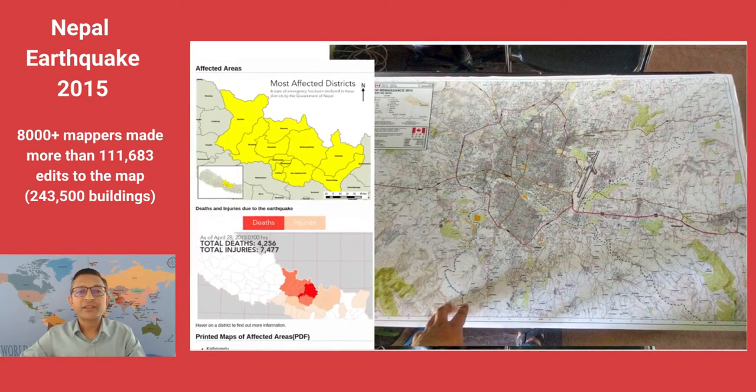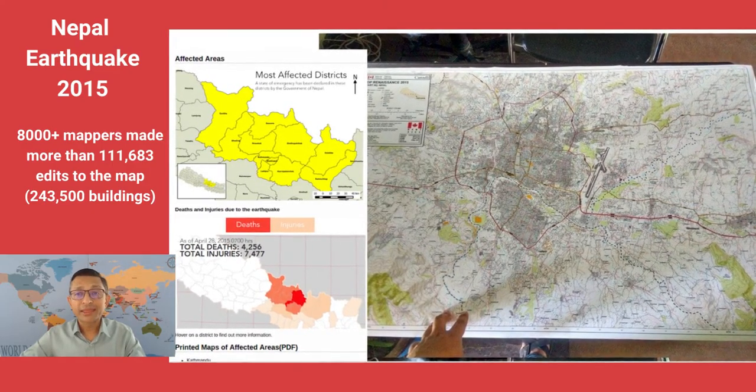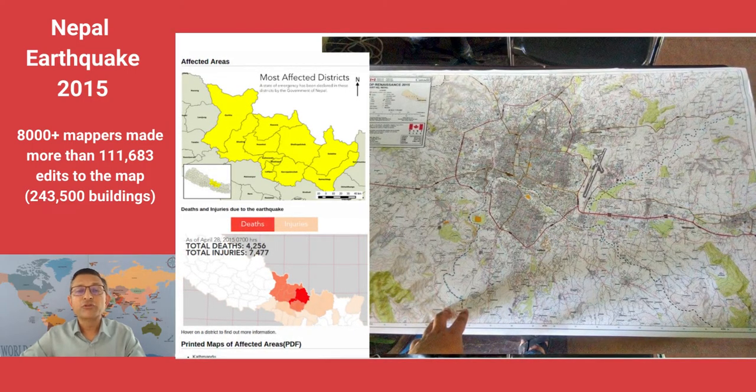Similarly, in the month following the 2015 Nepal earthquake, over 8,000 mappers from around the world worked together to map about one-third of the country. The map data was used by a wide range of response and rescue agencies, including the Nepal Army.